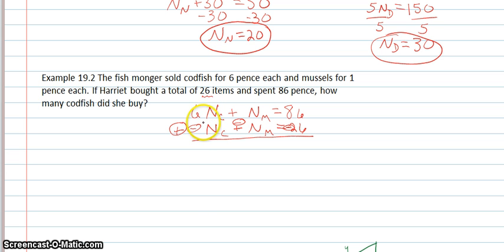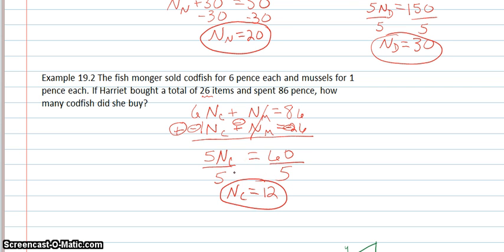So when I add these together with the understood 1 and it's negative, so 6 minus 1 is a 5 times the number of codfish bought. The number of mussels will cancel out. And then I'll have 60 here because that was negative. And then I'll just divide both sides by 5. So the number of codfish equals 12.